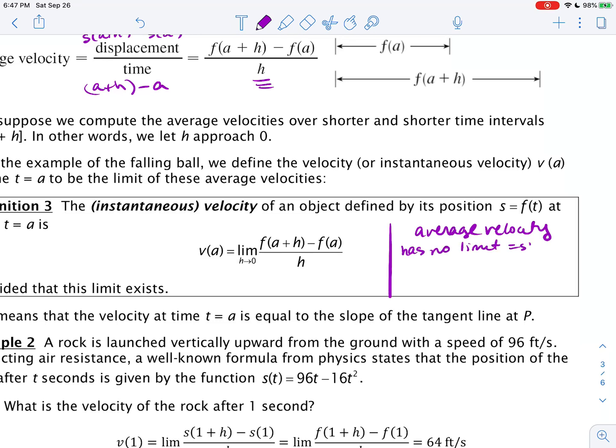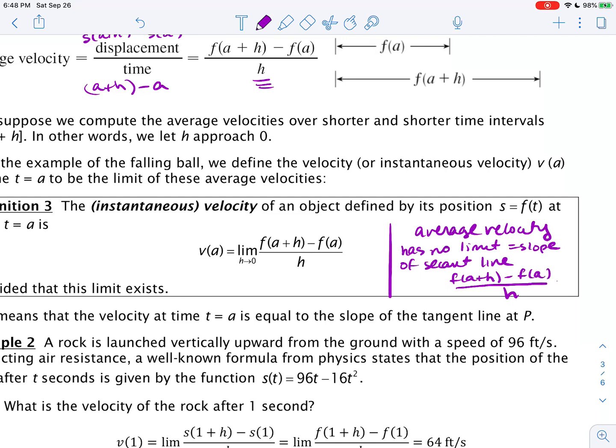It is the slope of the secant line, so to speak, if we had a position function that was not on a straight line. It would just be our f of a plus h minus our f of a over h without taking the limit. That would be our average velocity.